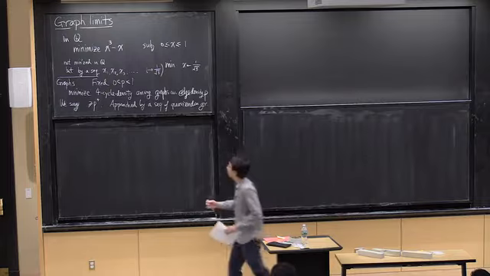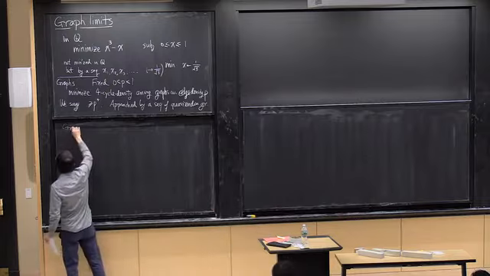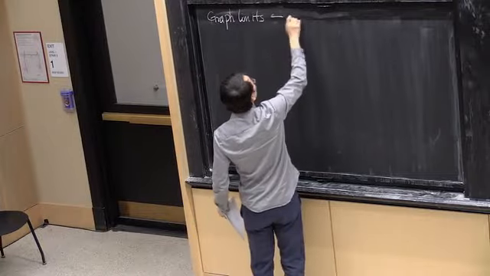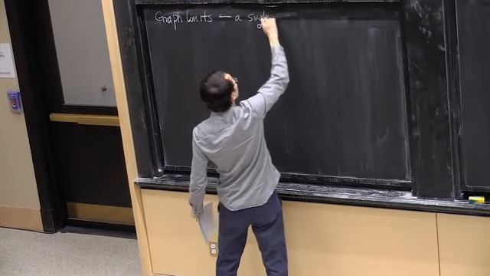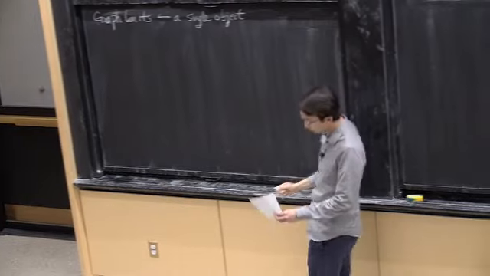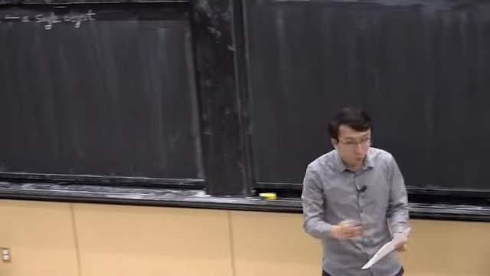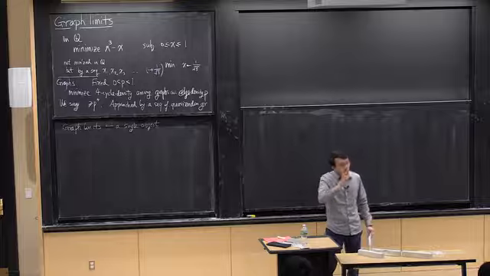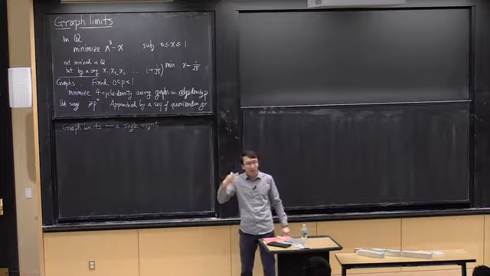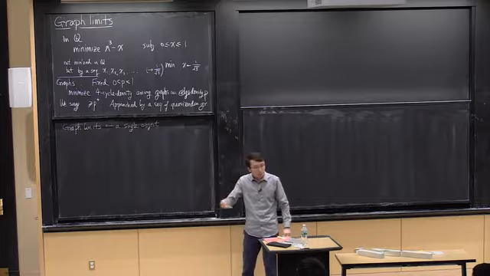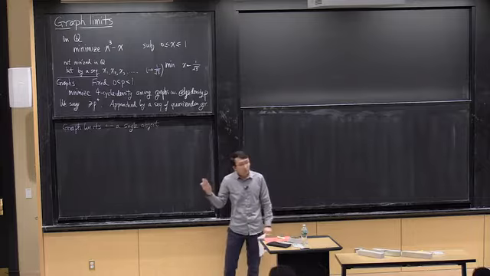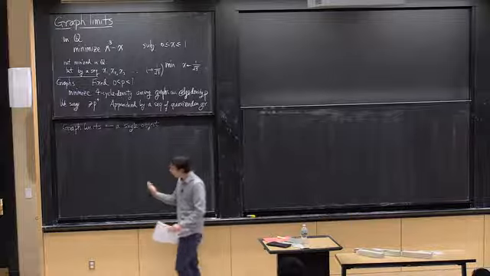One of the goals of graph limits is to give us a single object for this minimizer instead of taking a sequence. Roughly, you have a sequence of graphs, and I would like some analytic object to capture the behavior of this sequence in the limit. And these graph limits can be written in a fairly concrete form.